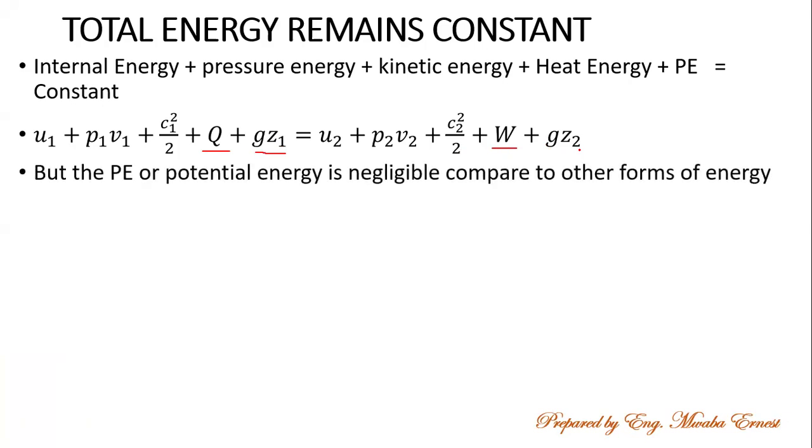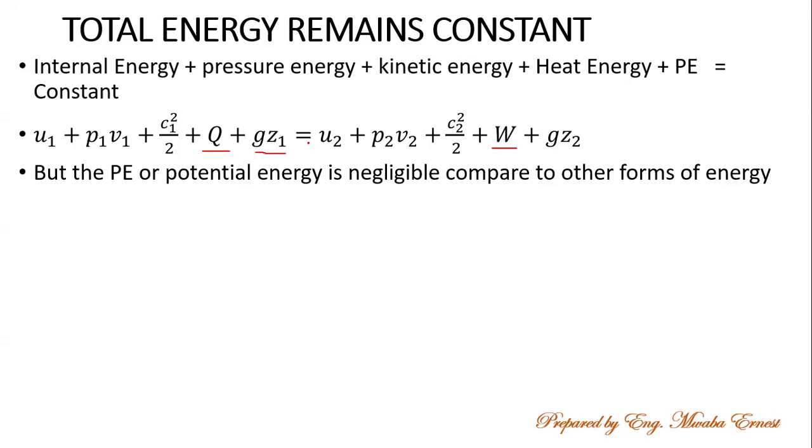Here, when we're dealing with this form of energy, you will notice that gz1 is involved because this is representing the potential energy. But if you look at the kilojoules of energy, the energy amounts that we're going to consider, this potential energy is quite small compared to other forms of energy. So it's negligible, meaning in our analysis, we are allowed to neglect it.